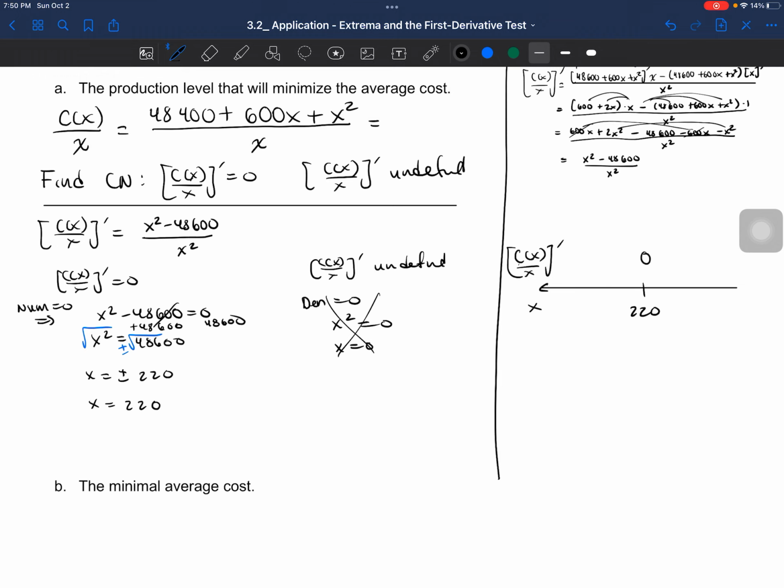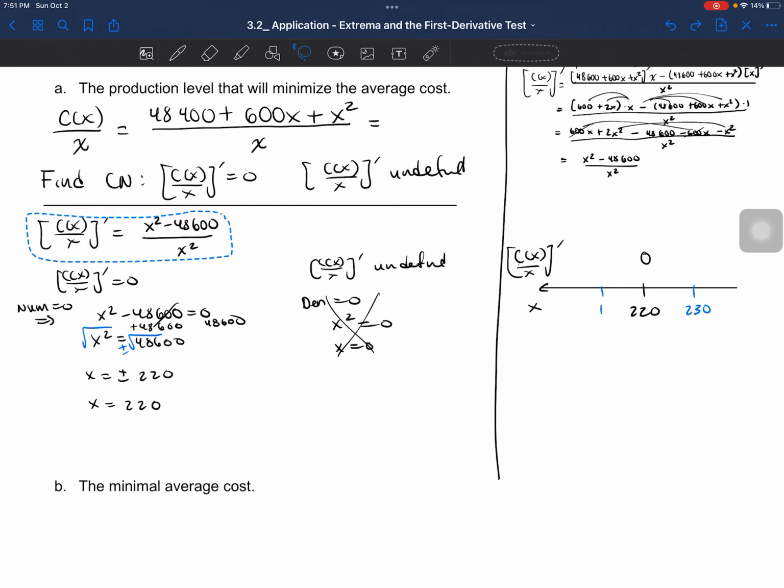We're going to see what's the value of the derivative at the left side of the critical number and on the right side of the critical number. So let's try 1 and 230. So we'll plug those into the derivative function.